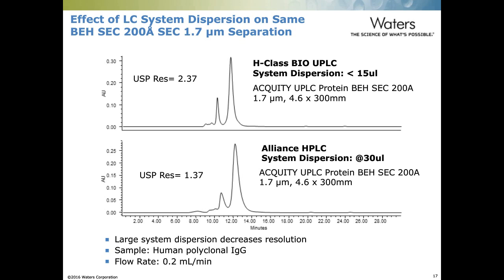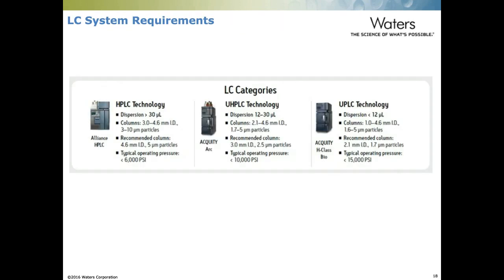And if we look at a typical vendor, and this is our Waters information for LC categories from HPLC, UHPLC to UPLC, we have recommended column IDs for these. This is with k primes that are significantly greater than 0.